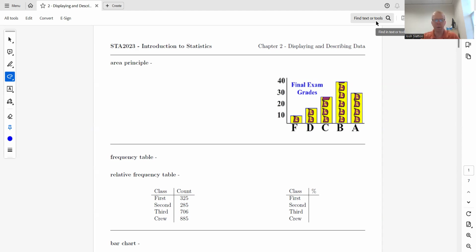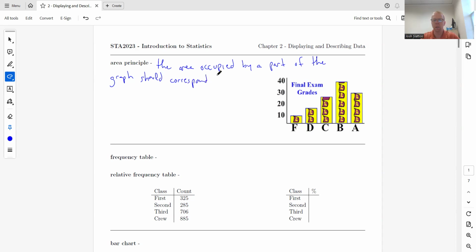So the area principle just says the area occupied by a part of the graph should correspond to the value it represents.